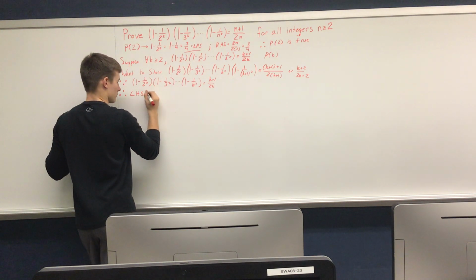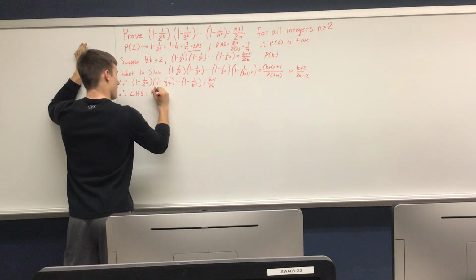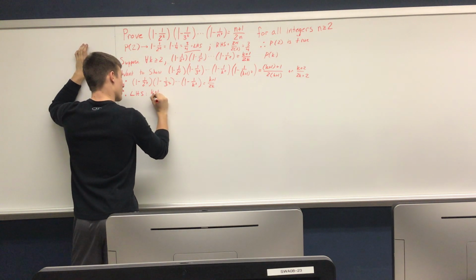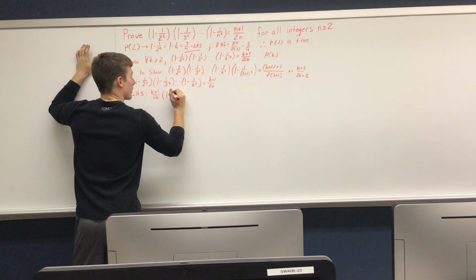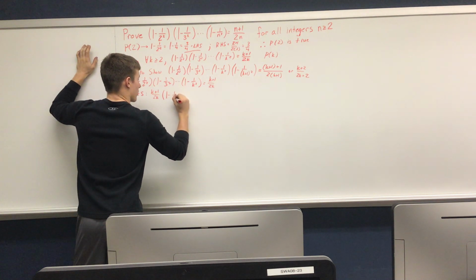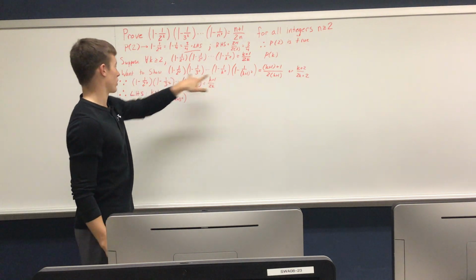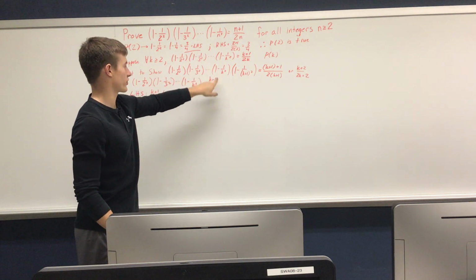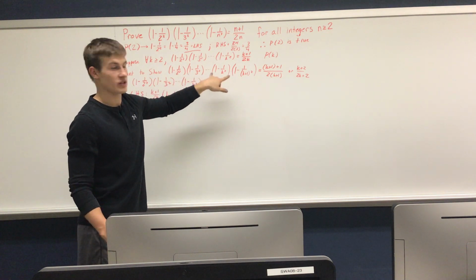(k + 1)/(2k) times (1 − 1/(k + 1)²). And again, that's just because we know that these terms are similar, therefore we can just substitute these values right here into our P(k + 1) sequence.